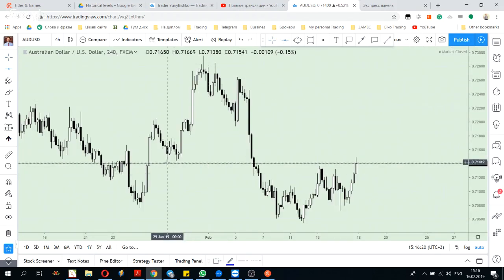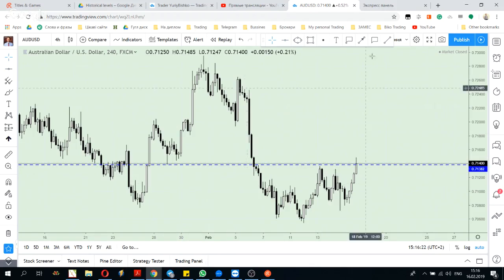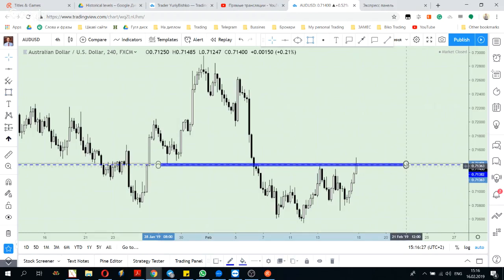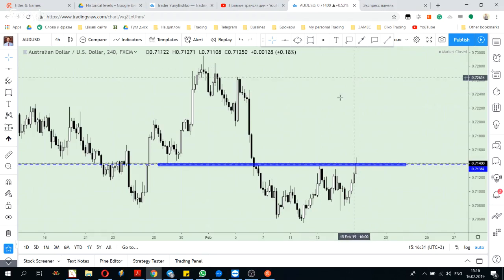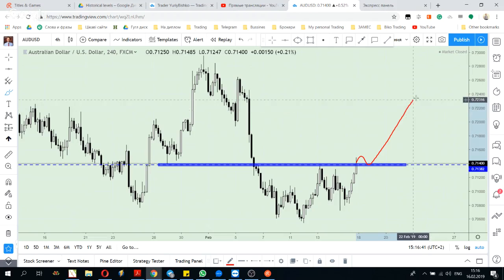As we see here on Australian dollar, here is really pretty nice level. Take a look. One, two, from which the price bounced, and for our candle close above. Near this level could be really pretty nice buy entry with low risk.